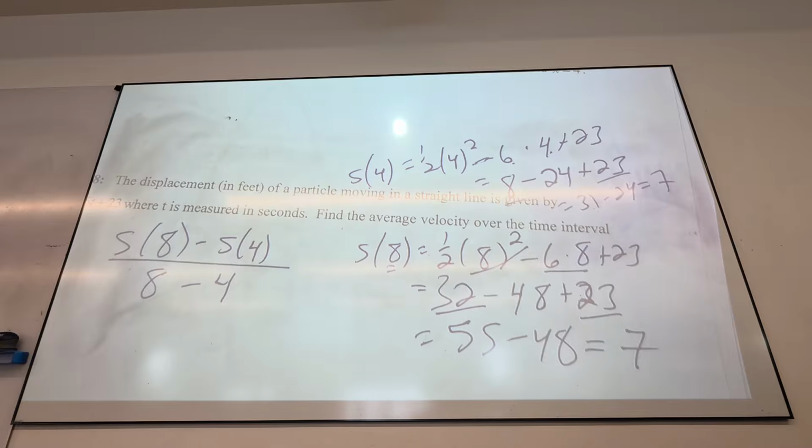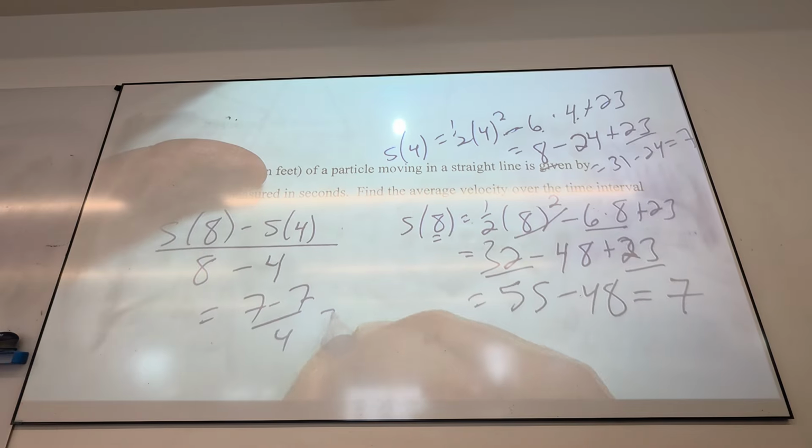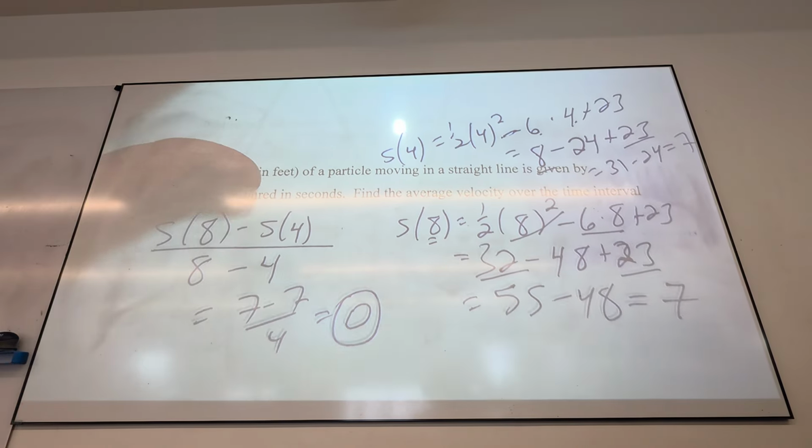So in this case, the particle starts at 7 feet. It moves around and then it comes back to 7 feet. So how far did it go? Nowhere. So in this case, 7 minus 7 over 4 is 0.